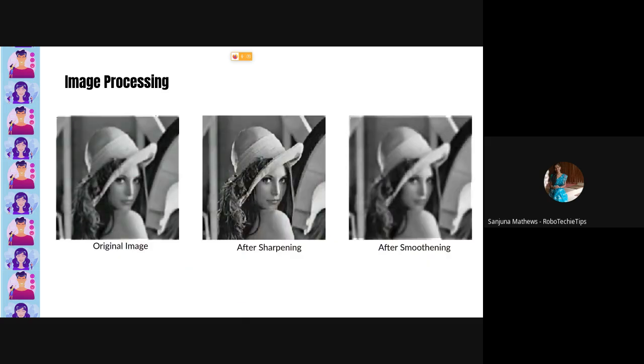Another important concept you need to know before going to OpenCV is this. If this is the original image, we need to process it, and if we want to sharpen it, what sharpening means is we want to find out the edges. Like this is a more blurred image, we need to find out the edges and make the pixel variation sharper.